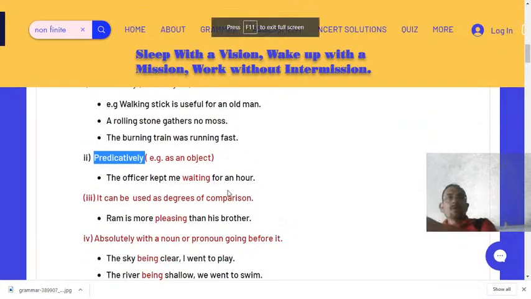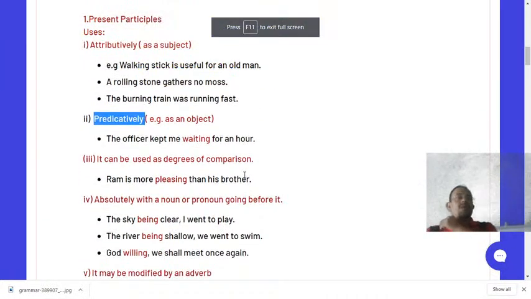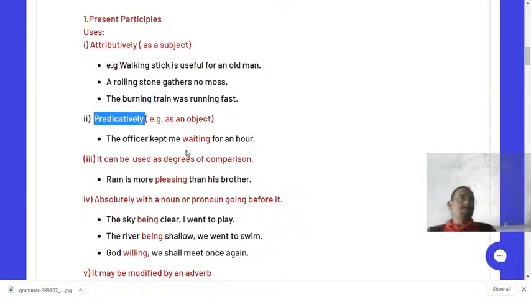But whenever ing goes after an object, that is called the predicative use of the word. So see here, predicatively means as an object, means after something, after some word it will go.